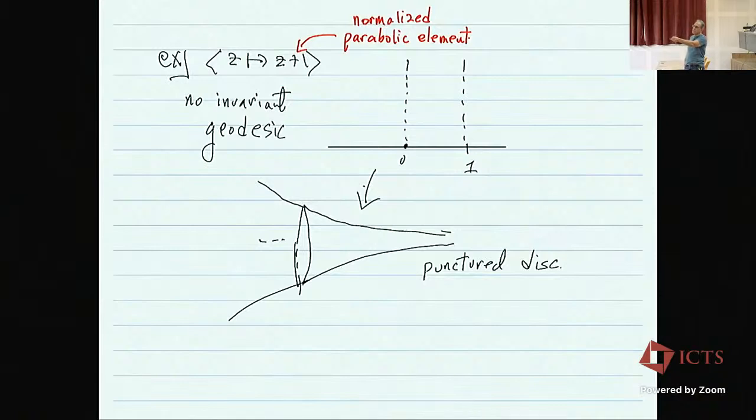Nevertheless, when you look at the quotient, you get, again, topologically a cylinder, but more importantly, the geometry now is very different than the previous geometry. Instead of having a funnel over here, you have a cusp. Okay, this has finite area. This comes from, say, take height 1 and above, and you quotient by this group, and you'll get this piece here. And that's what I'll typically call a cusp.